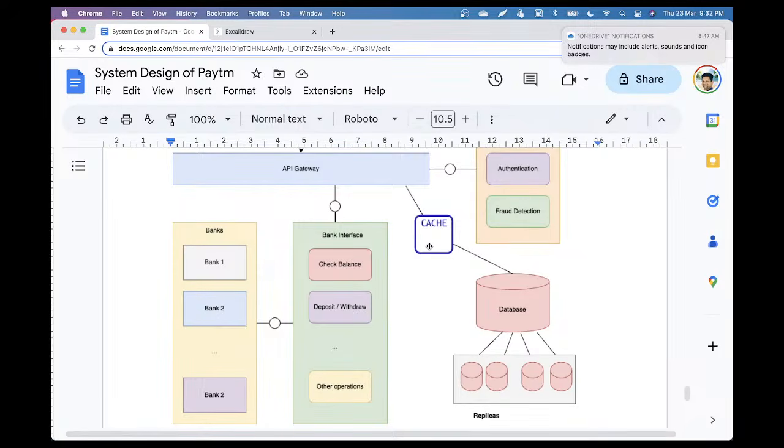Tarun, I have a question. If we have multiple masters, how can we eradicate the sync issues? Data sync replication can happen through various mechanisms.